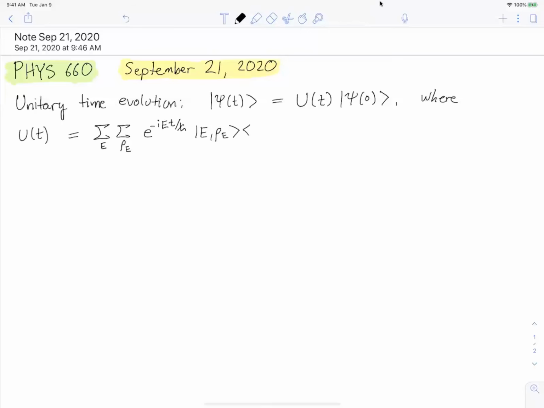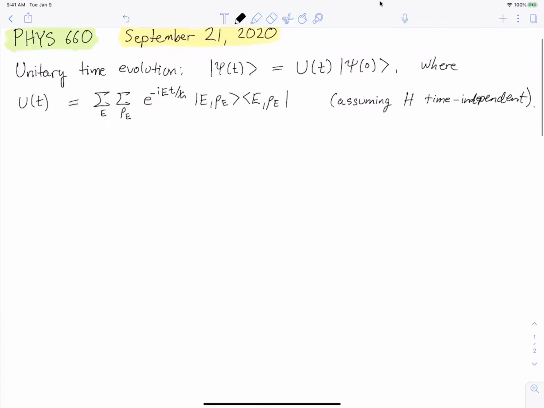The only reason it's not completeness is because of that phase factor. So that's the construction of the unitary time evolution operator. This is assuming that the Hamiltonian didn't depend on time. We also talked about what happens when it does depend on time, which is more complicated. But this is assuming the Hamiltonian is time independent, which we'll be assuming for a while.